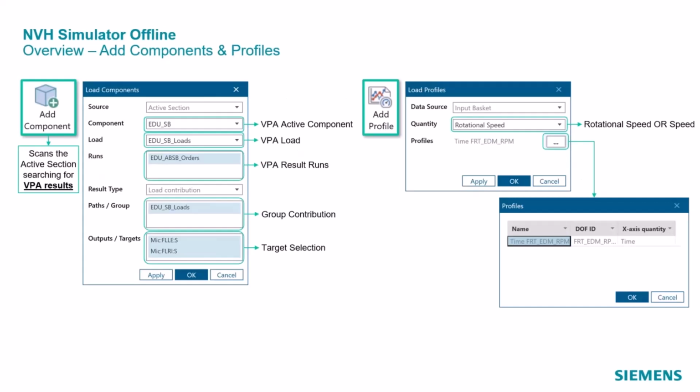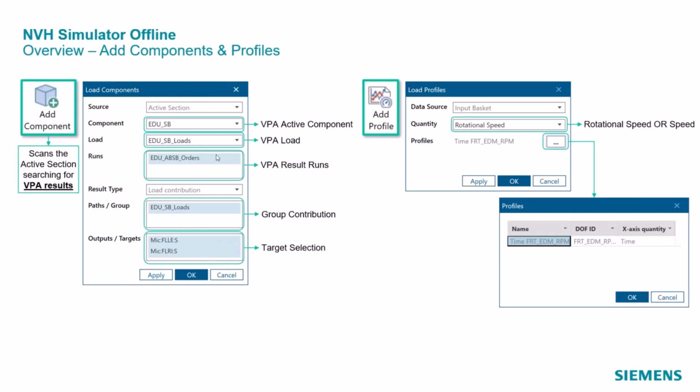Once we create that component, it's going to look in our active section for some VPA results, and it's going to limit our options here to the things that it finds in these VPA results. And I'll show you this. It'll become a lot more clear. This is just sort of a nice reference after the fact. But you start with a component, you'll select the available loads, the result runs that you have available in those VPA results.